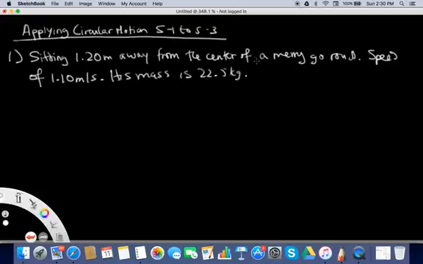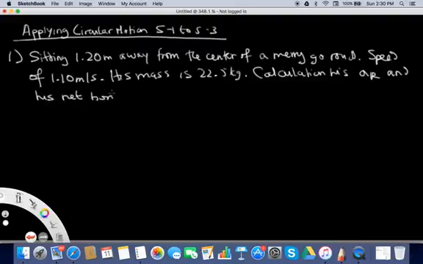With all this given information, we are asked to calculate his centripetal acceleration, which I'm going to shorthand as AR, and the net horizontal force acting on this kid.